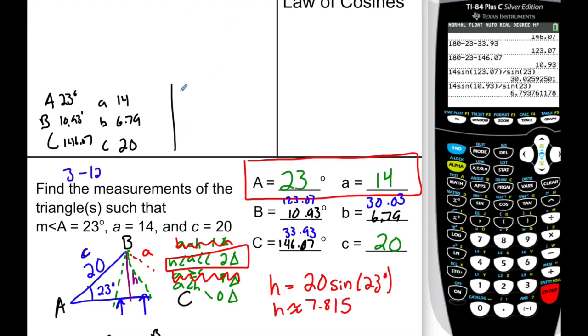The second solution is that big A is 23, big B is 123.07, big C is 33.93, again all degrees, little a is 14, little b is 30.03, and little c is 20. Okay, so there's two solutions, two possible triangles.